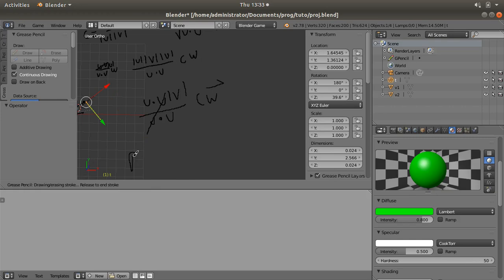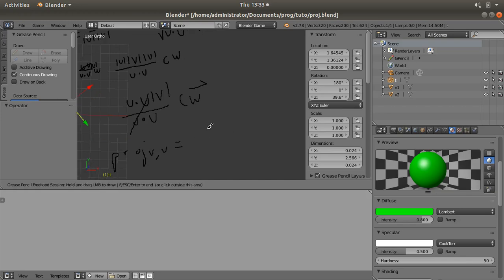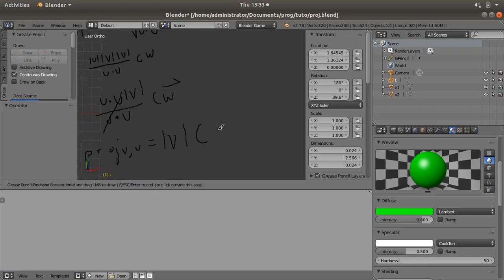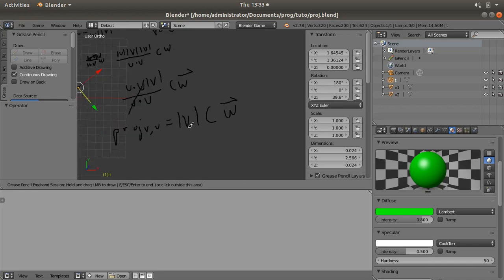So the projection of v onto u is equal to the magnitude of v times the cosine of theta times the direction of u. And here I've got a direction vector, and here I've got the length of the vector.